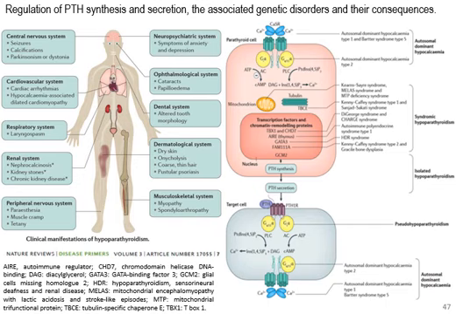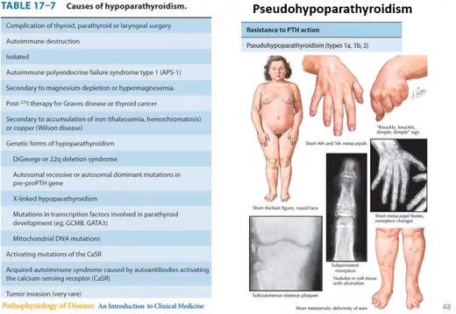Sometimes you can see trophic abnormalities, changes in the dermatological system and in the central nervous system. Here a similar summary of hypoparathyroidism from your pathophysiology book, and a description of pseudohypoparathyroidism, Albright's osteodystrophy.